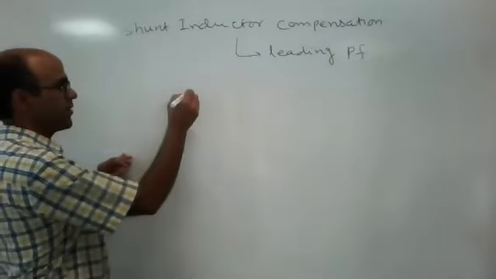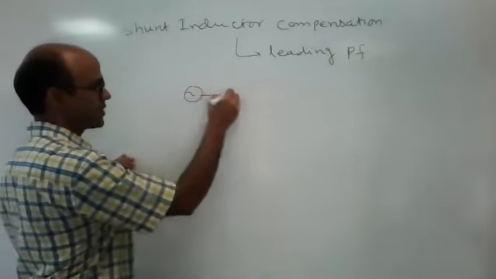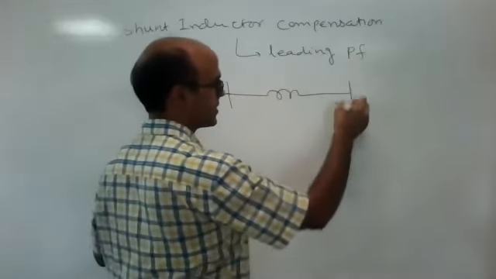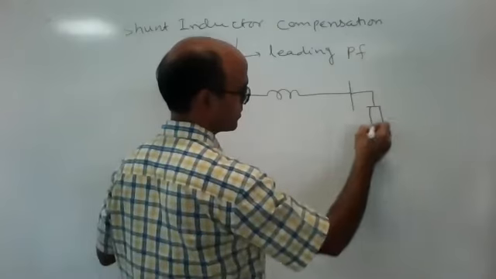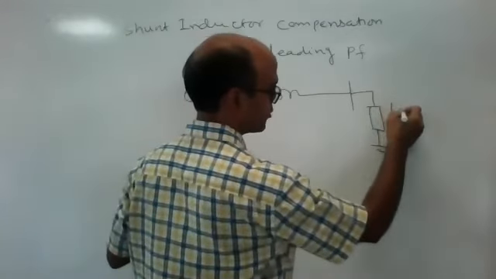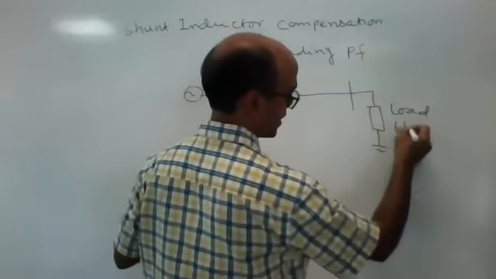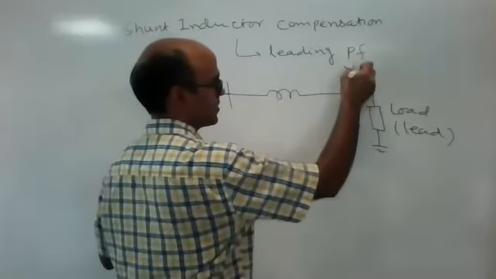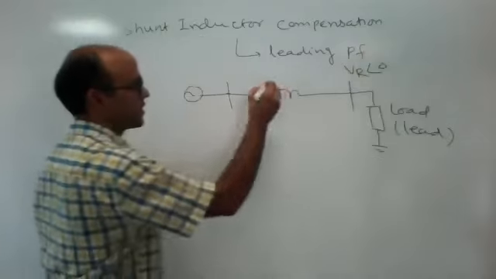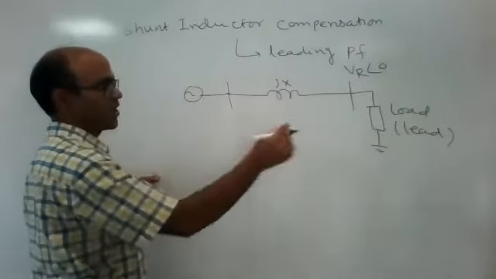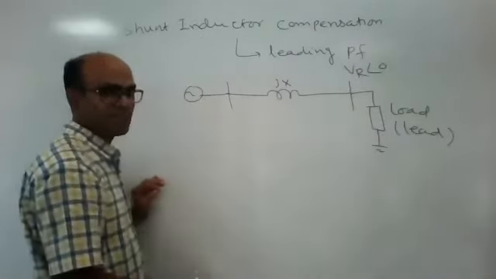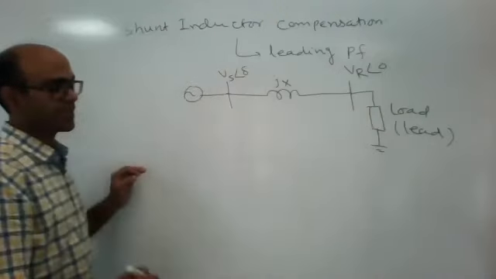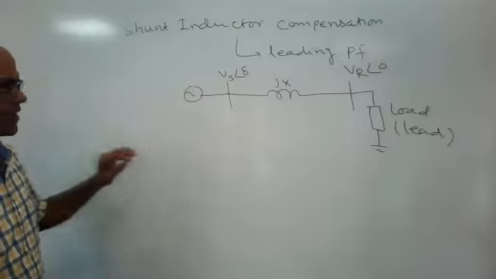So initially we have a power system which has a voltage, a transmission line and a load, and I am assuming the load is leading. That's why the voltage in the transmission line, or the voltage at the receiving end, rises. This is the initial condition before the inductor.